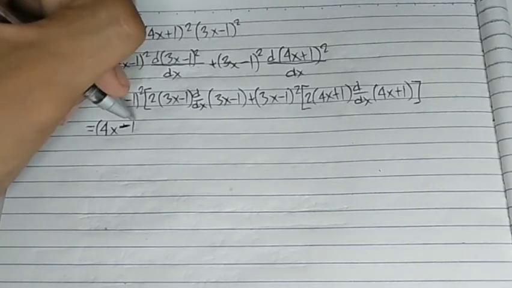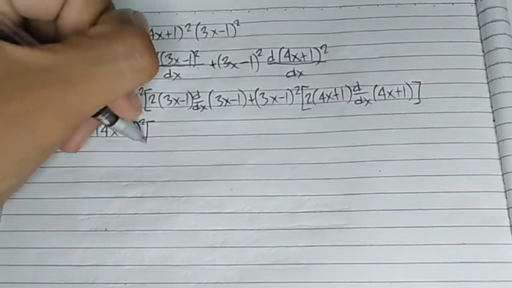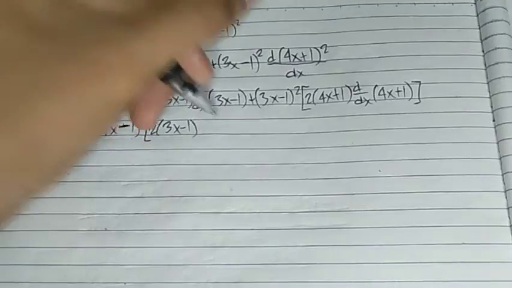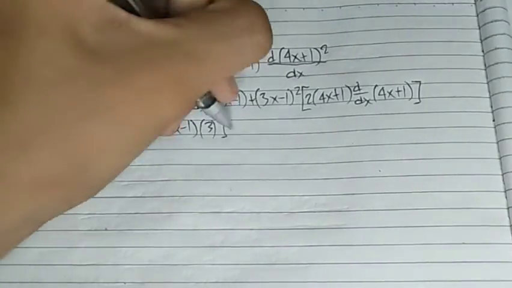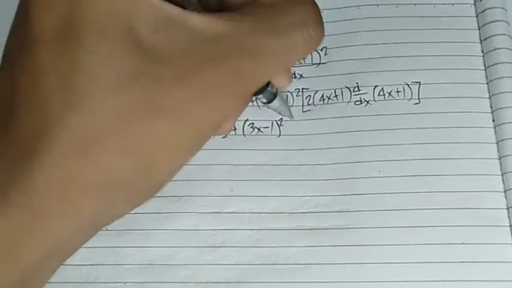Dy over dx is 4x plus 1 squared times 2 times the quantity of 3x minus 1 times 3, plus 3x minus 1 squared times 2 times the quantity of 4x plus 1 times 4.